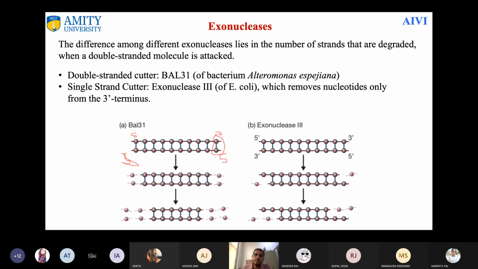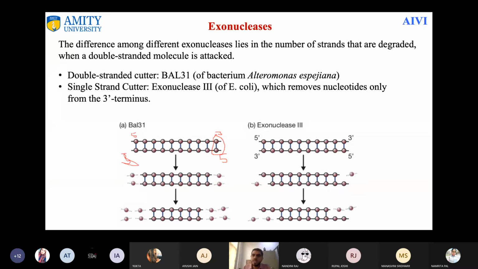The example of this enzyme is BAL31. How did BAL31 get its name? B came from bacterium, and AL came from Alteromonas. So this is BAL, and 31 is the number of the enzyme, that is, which number enzyme was isolated.